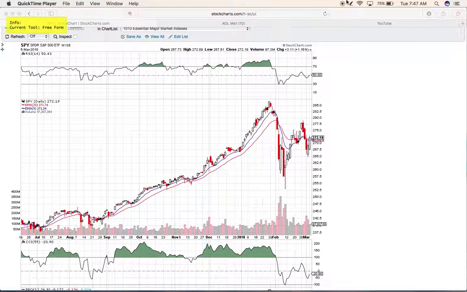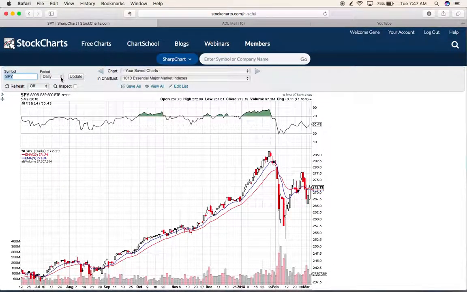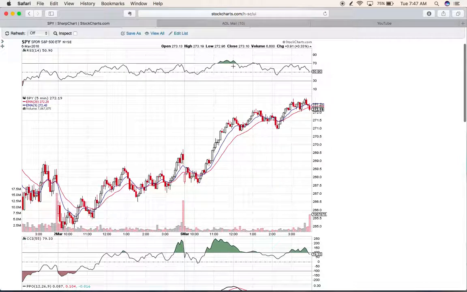Let's look at another chart real quick. Actually, while I'm on the S&P, I want to show you yesterday's 5-minute chart. We had a good example. This is the beginning of the day right here, 9:30 on March the 5th. That was Monday. So yesterday the market opened.